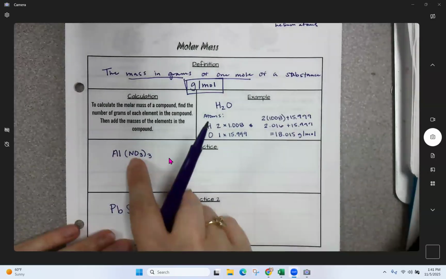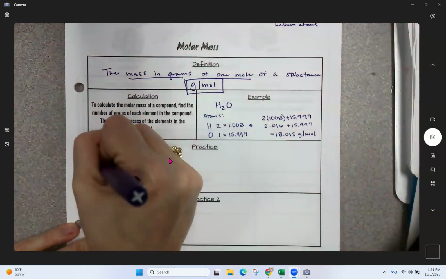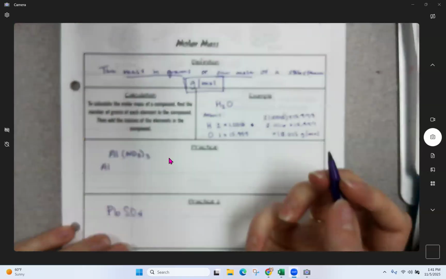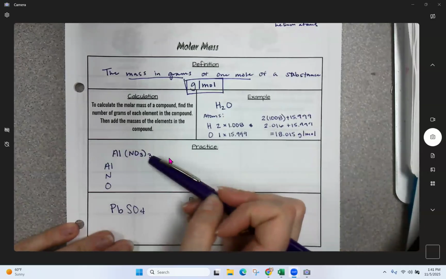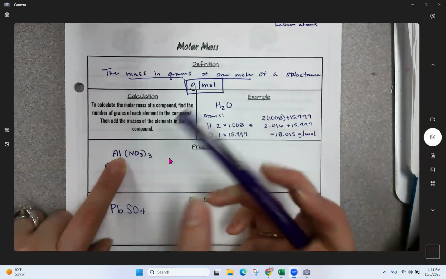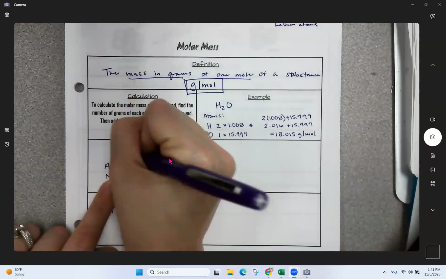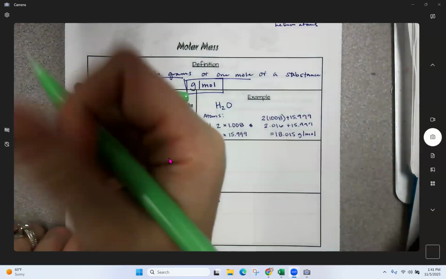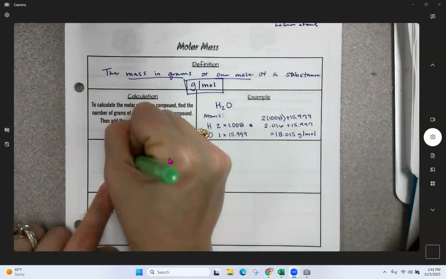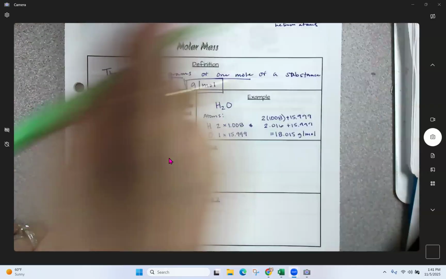So aluminum nitrate. We have aluminum, we have nitrogen, and we have oxygen in this compound. There is 1 aluminum atom, and remember, if there's no number, it's 1. So if we're going to represent that here, we would have 1 and 1 there.